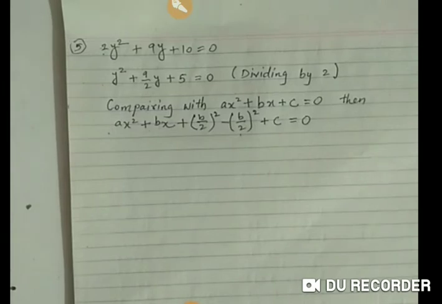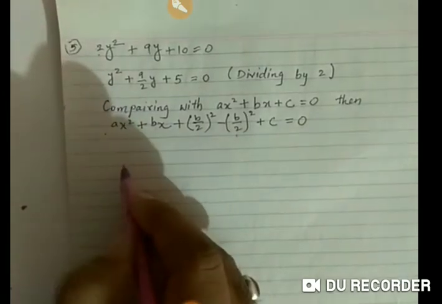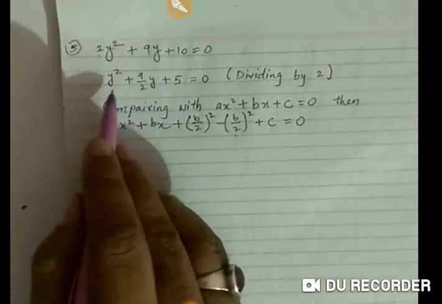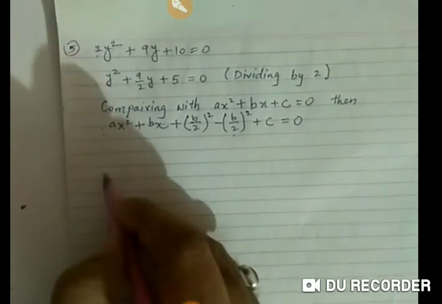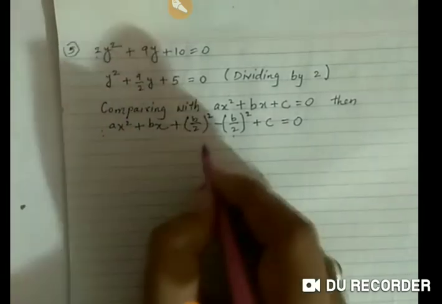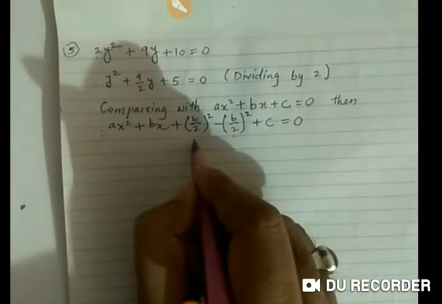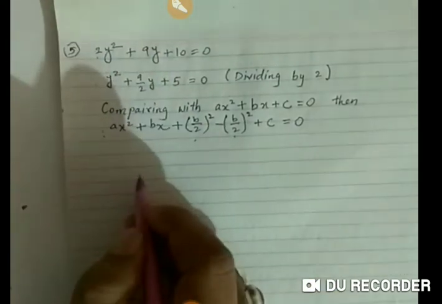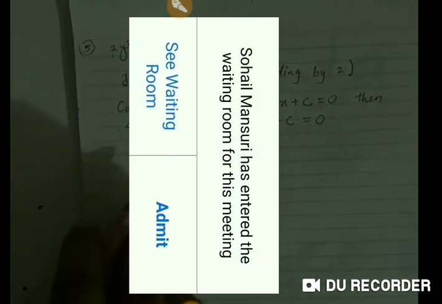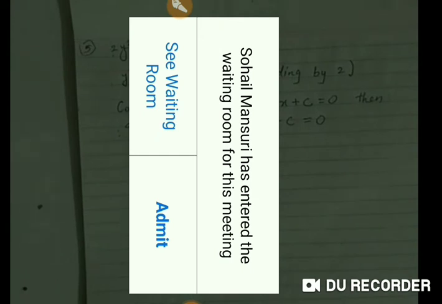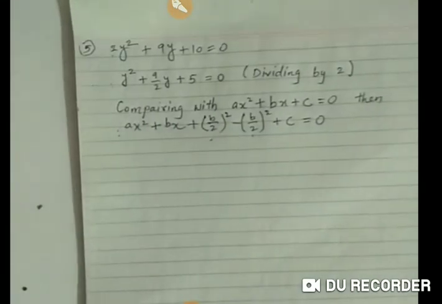Now according to this rule, we are going to convert this equation into this form. Before that, you need to find the value of b by 2 whole square. So b is the coefficient of the second term, right? Now who will tell me the coefficient of the second term in our equation?